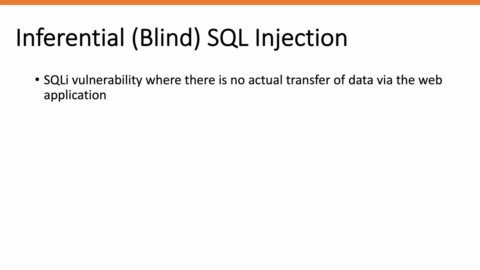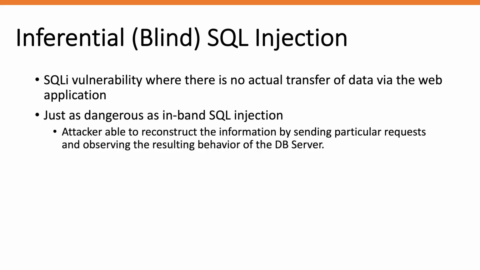And so this forces the attacker to steal data by asking the database a series of true and false questions, and then determining based on how the application responds whether the application responded with, yes, this is a true statement, versus no, this is not a true statement. Again, this will become more clear once we discuss the different types of blind SQL injection and we take examples.